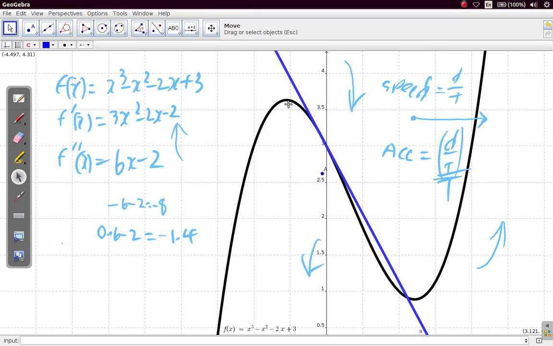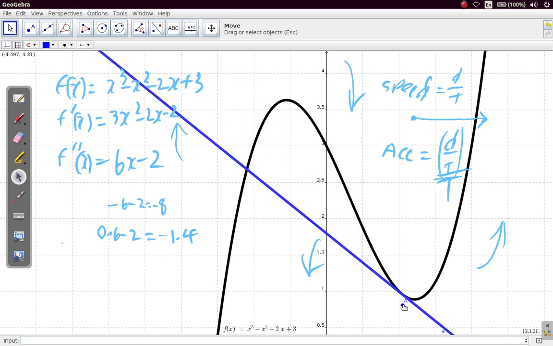That's why when you find the stationary point here and the value of x is substituted, you get a negative. It means there's a maximum point. Now, at this point, you can see the gradient of the tangent is rising. It's getting more and more.